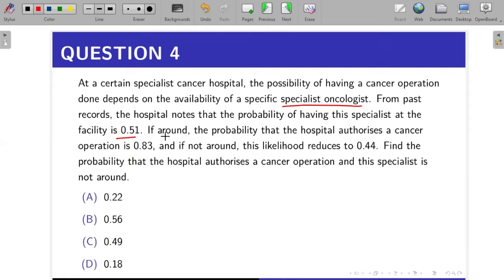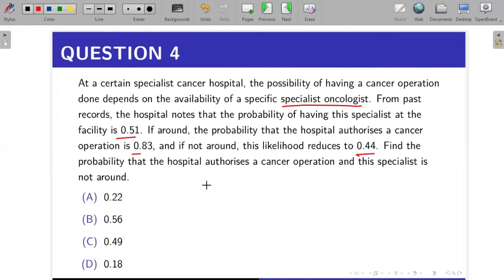If this specialist is around, the probability that the hospital authorizes a cancer operation is 0.83. If this specialist is not around, the probability of authorizing a cancer operation reduces to 0.44.